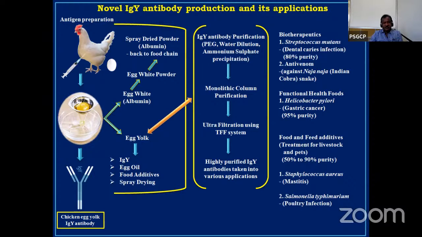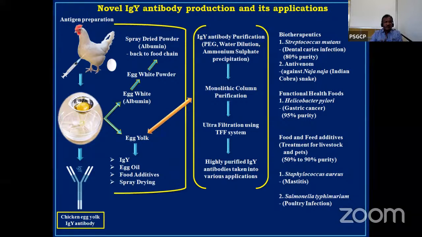Antibody is a general molecule which will be useful for the treatment of bacterial, fungal, viral, even cancer antigens, and also venom antigens. That is how we were able to understand the potential of these antibodies.